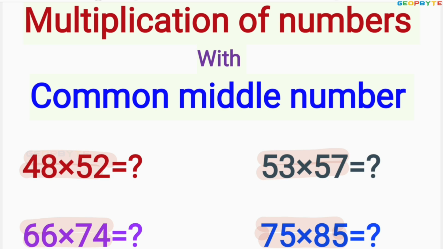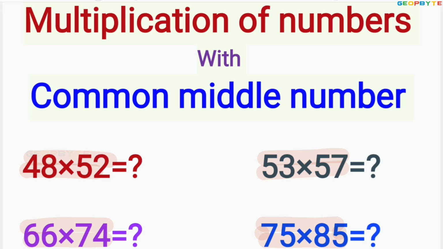As you know, this multiplication can be done by our regular method, also called the traditional method, but it takes more time to get the answer. That's why I came with a simple trick to complete the multiplication with a common middle number just within 2 seconds.